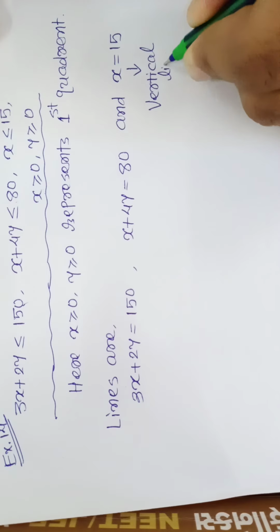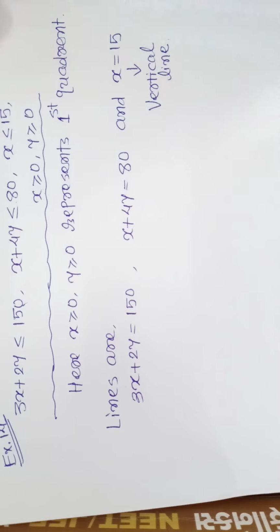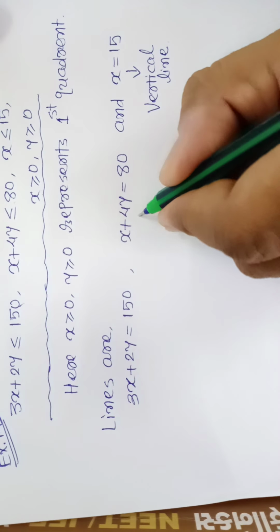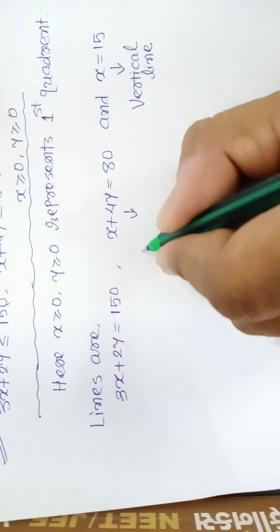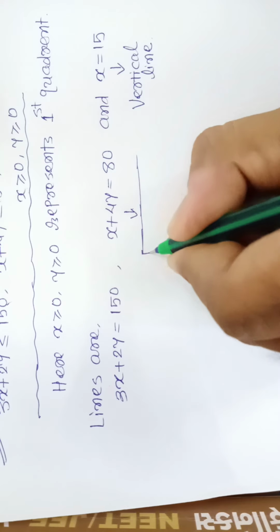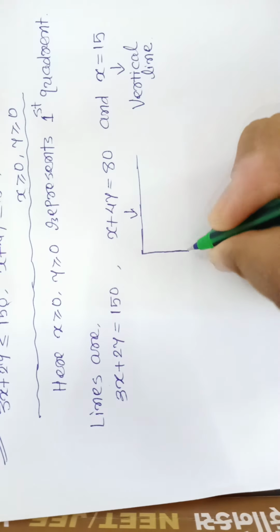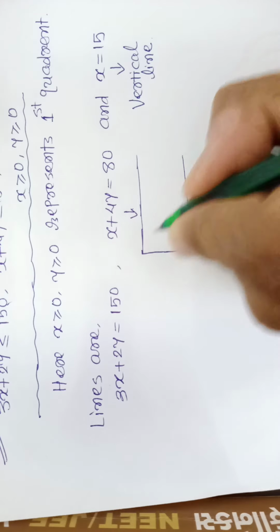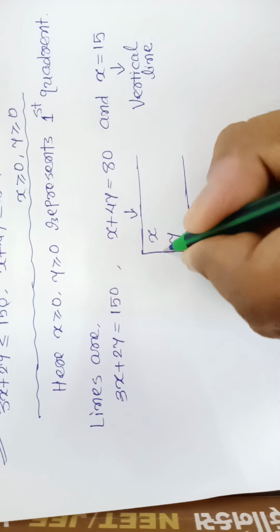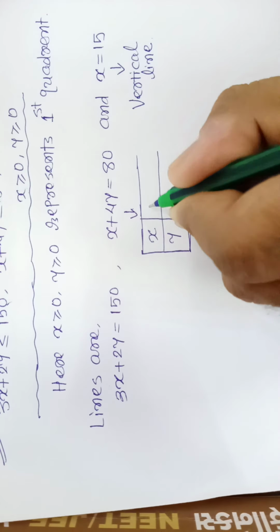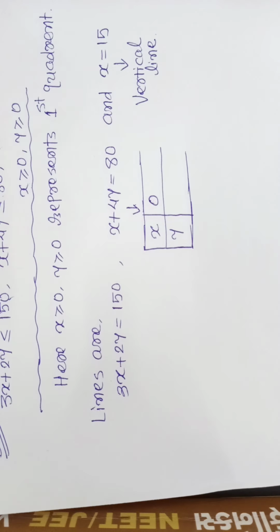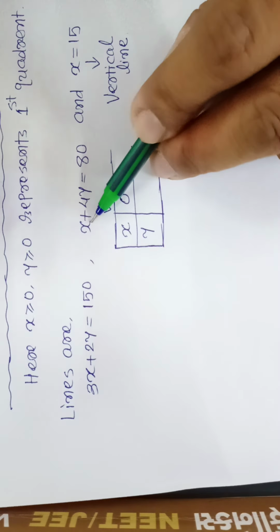This is a vertical line drawn at the point 15, 0. You know very well that. Here for this line, let me plot the points on the R2 plane. I take x equals 0 and find the value of y, and after that by putting y is 0 we get x. So put x is 0, what do we get?